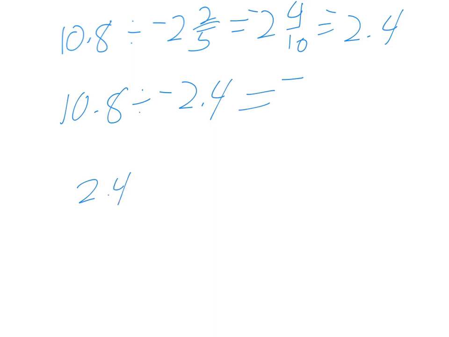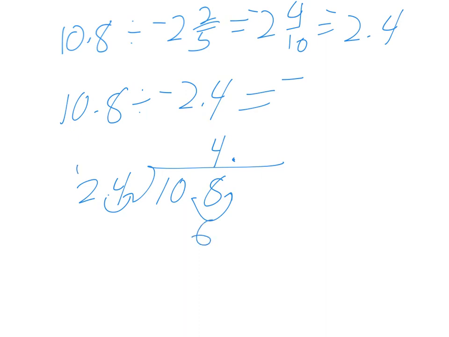2 and 4/10 goes into 10.8. Multiply both by 10 to move the decimals over. Bring the decimal up. 24 doesn't go in 10, it goes into 108. It's going to go in at least 4 times. 4 times 4 is 16. Carry the 1. 4 times 2 is 8 plus 1 is 9. 8 minus 2, 10 minus 9. So I can add a 0.